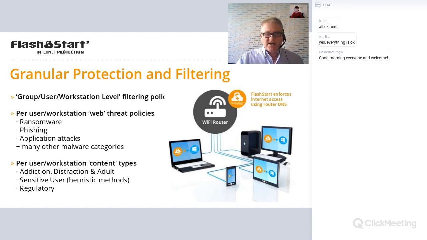And so this allows granular filtering in terms of the application of malware threats, whether it be phishing, whether it be viruses, all these kinds of things. You can select individually how to apply those, and that becomes important when you consider special users, sensitive users like the finance department, like the HR department, who need malware protection, as everyone does, but they need a heightened malware protection we call heuristics, okay?